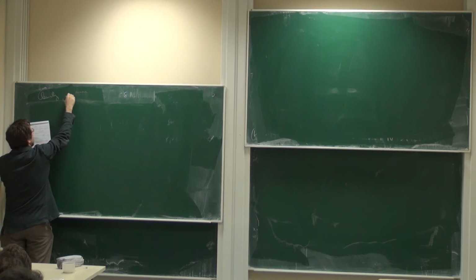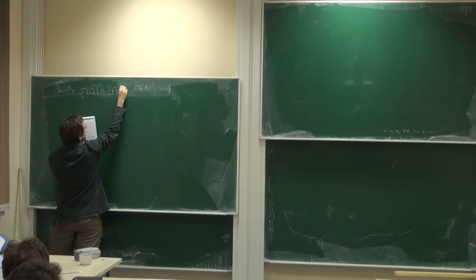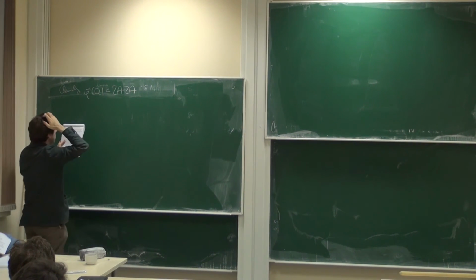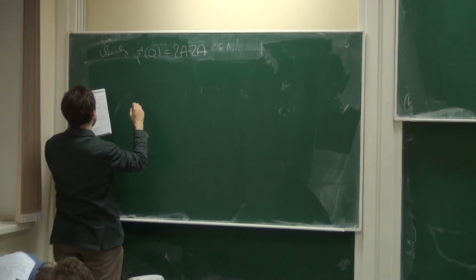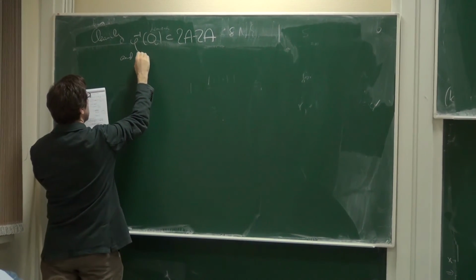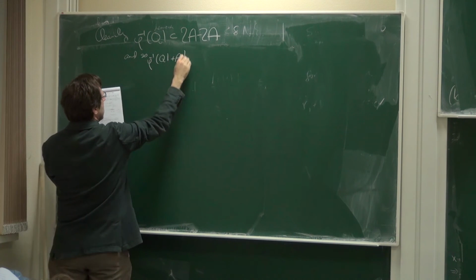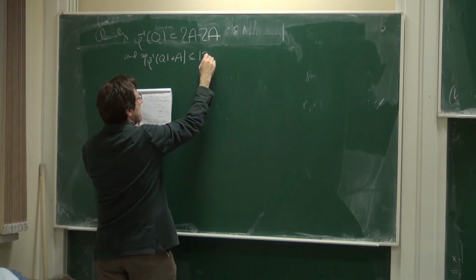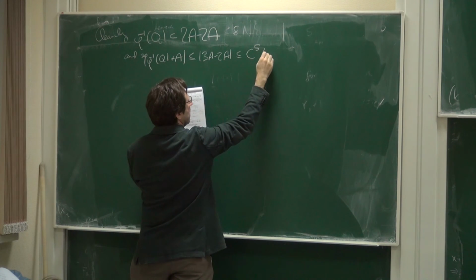Clearly, phi inverse of Q is contained in 2A minus 2A. That's just how we define things. And so phi inverse of Q plus A is contained in 3A minus 2A, which is at most C5 times A by Plünnecke.